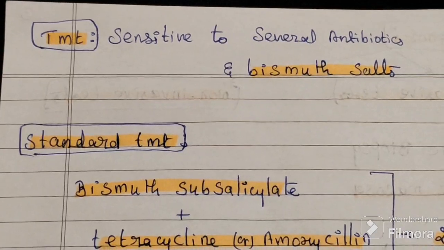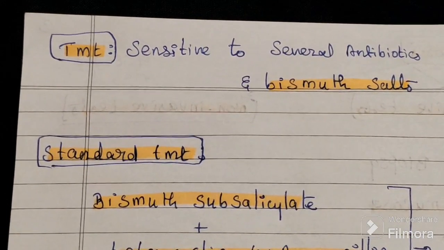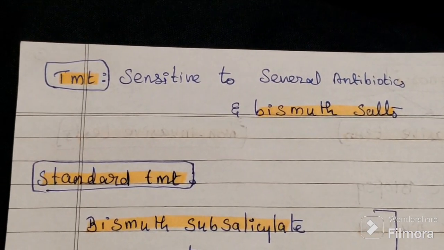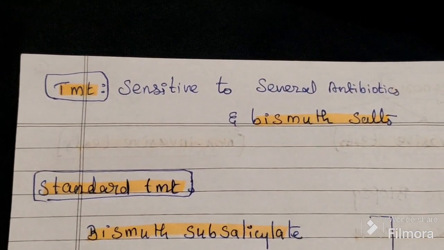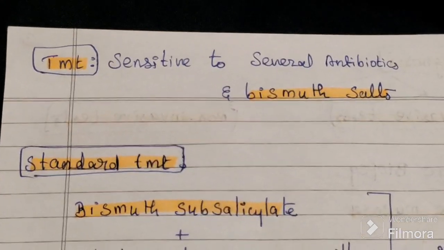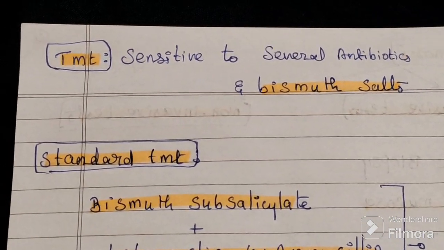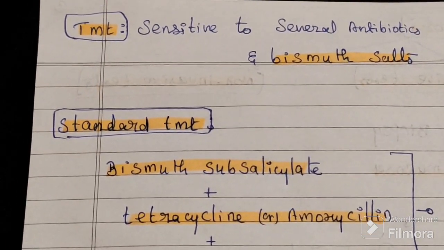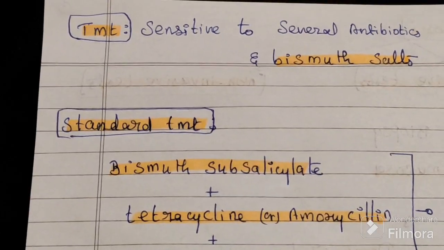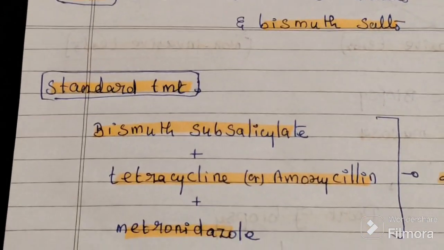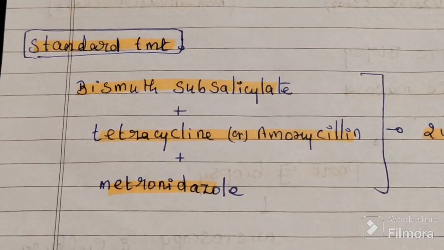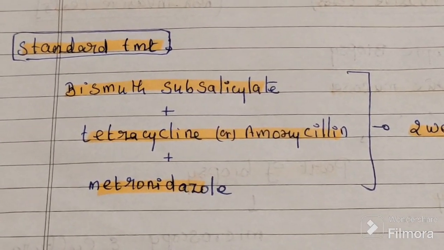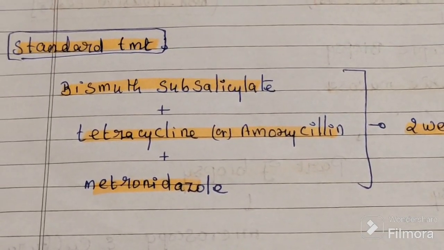Last, treatment of H. pylori. H. pylori is sensitive to several antibiotics and bismuth salt. Standard treatment includes a combination of bismuth subsalicylate along with tetracycline or amoxicillin along with metronidazole.